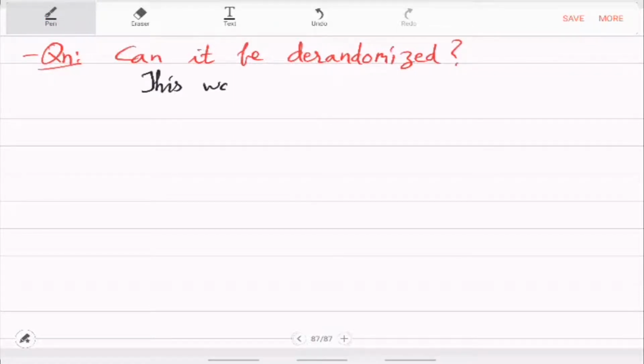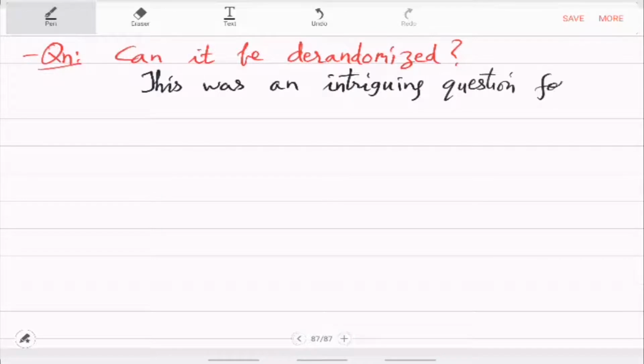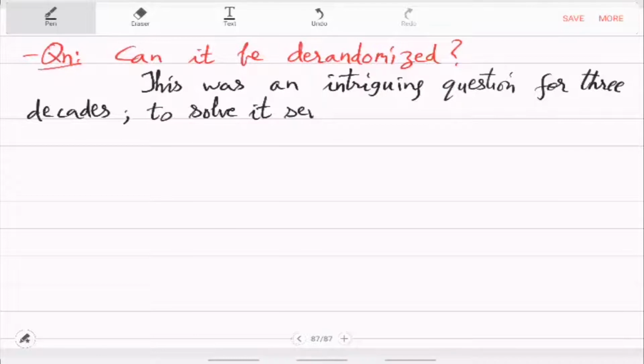So this was an intriguing question for 3 decades, and to solve it, several tools were developed.